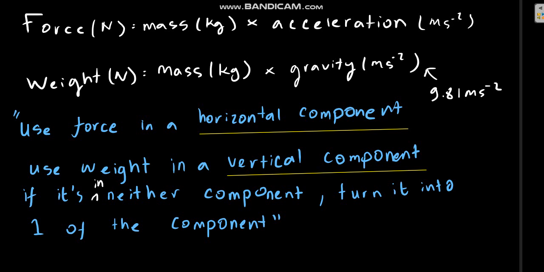So just keep in mind this rule I wrote: use force in a horizontal component and use weight in a vertical component. If it's in neither component, then turn it into one of the components. That last part will be taught later in chapter 4, resolving forces. We'll move on to that later.